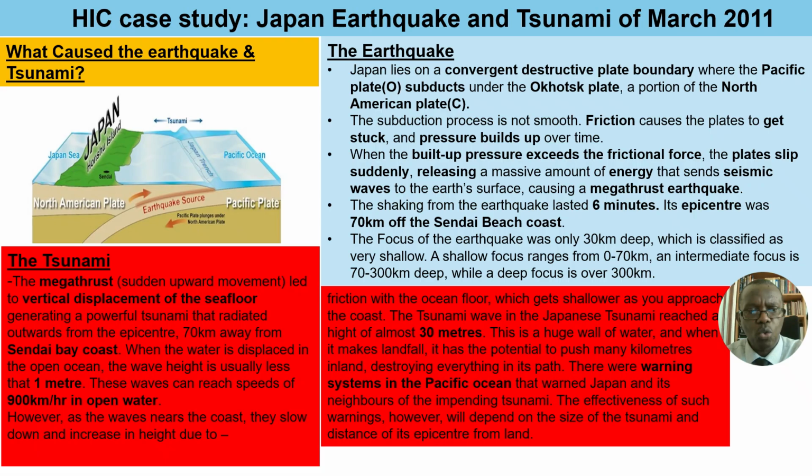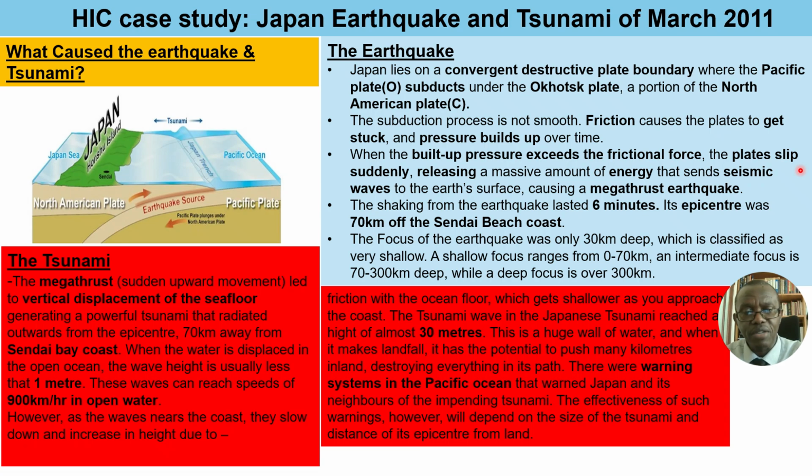What caused the earthquake and tsunami in Japan in 2011? So Japan lies on a convergent destructive plate boundary, and a convergent destructive plate boundary here is referring to a boundary where you have two plates converging or moving towards each other.